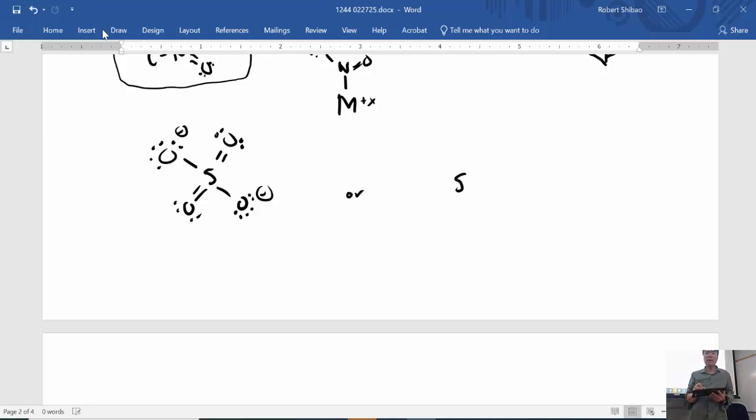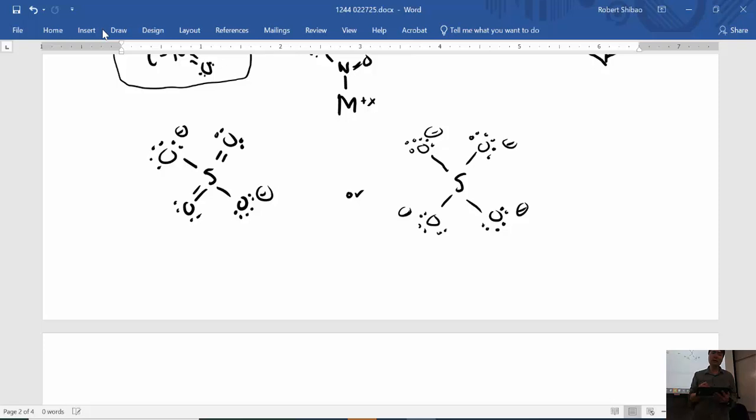Or also in Chem 1B, we could have written it this way. But this way, we get negative formal charges on all the oxygens, and the sulfur ends up getting a +2 formal charge. A +2 formal charge is considered a high formal charge. And so people are saying that this is not stable because of the +2 formal charge on sulfur.